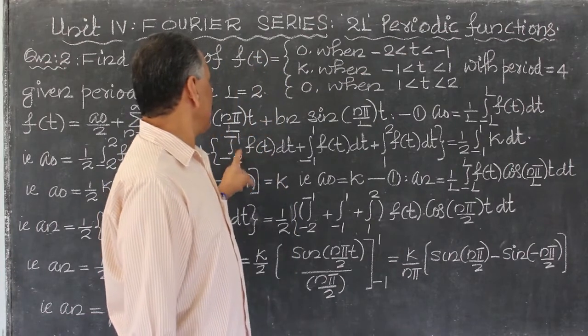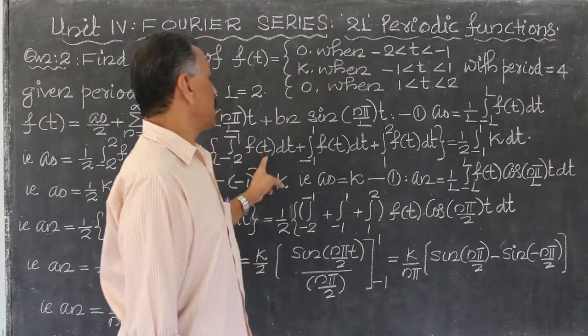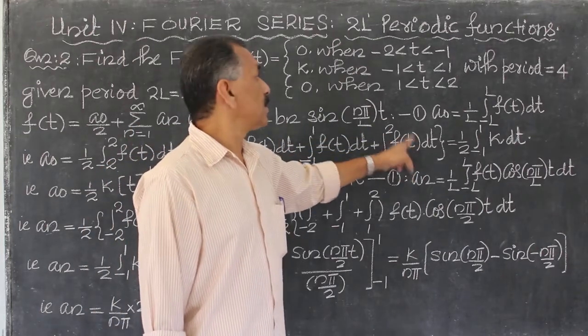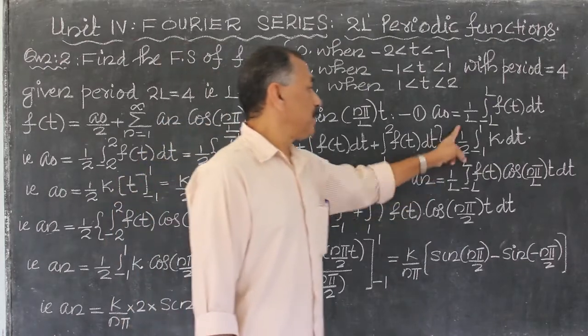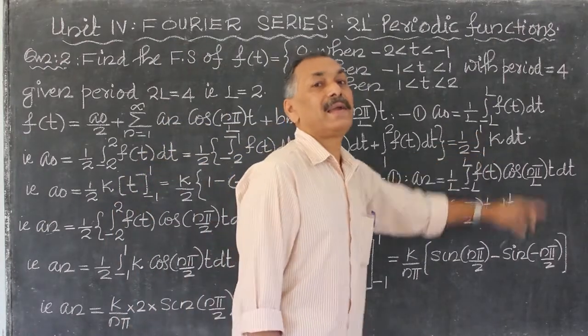In the interval minus 2 to minus 1, f of t is 0. Here also, from 1 to 2, f of t is 0. So that is 1 by 2 into the integral minus 1 to 1 of k dt.